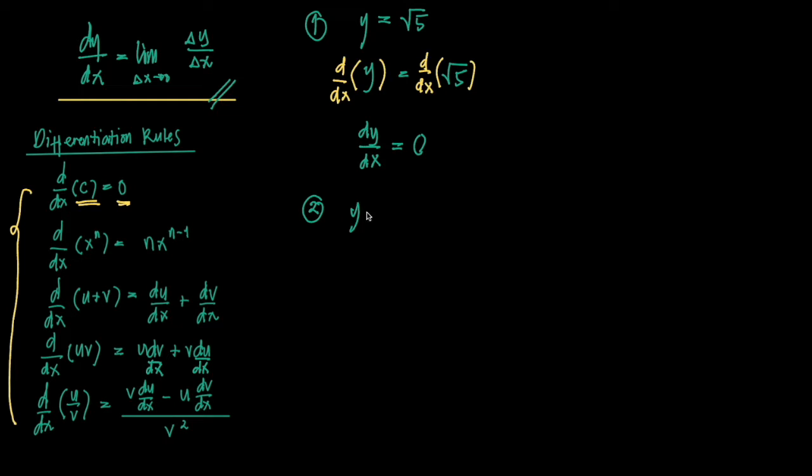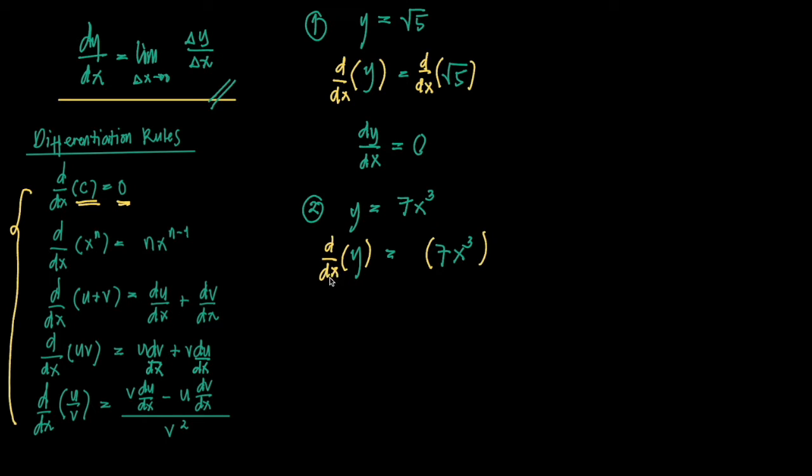Let's say y is equal to 7x cubed. Let's fix that cube. So to start, again, we just need to put the operator here so that we can know what variable we are differentiating with respect to.